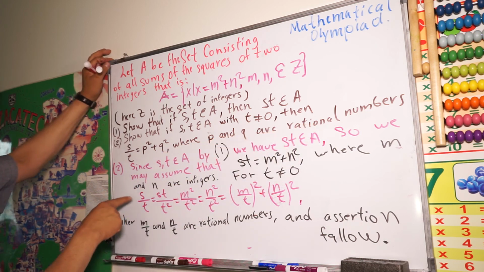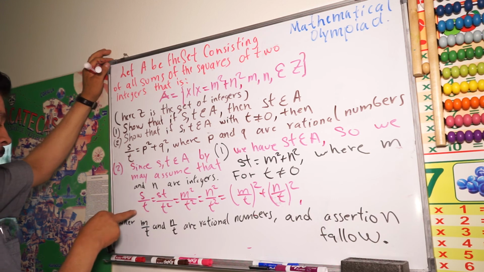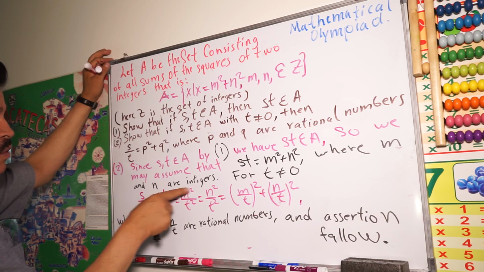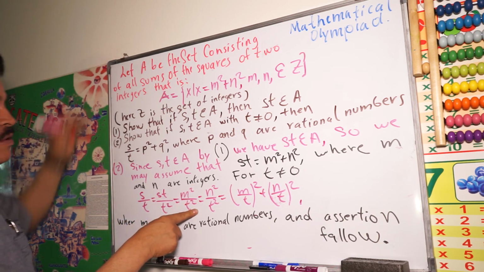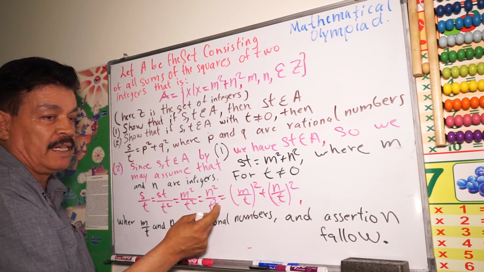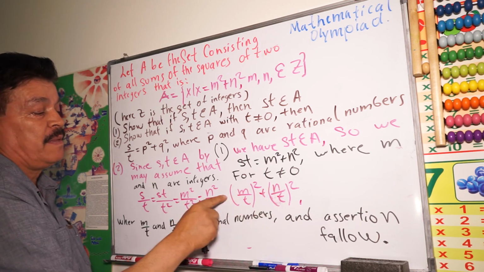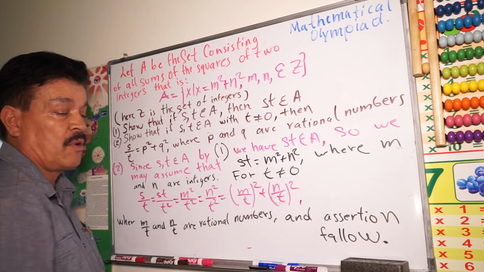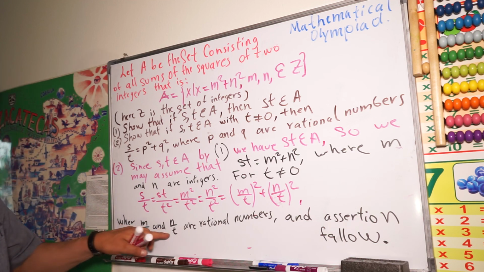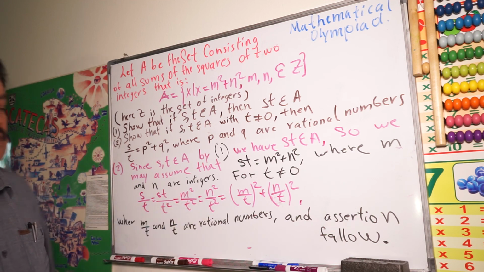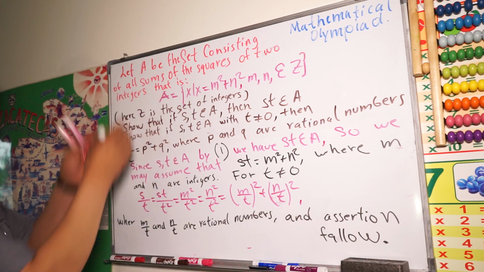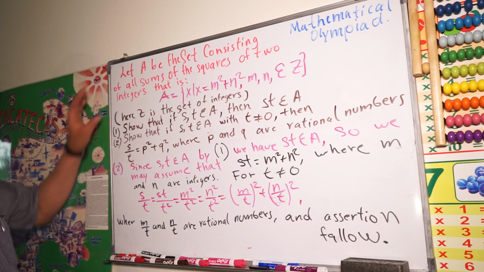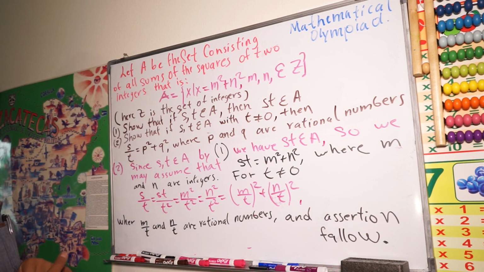S divided by t equals st divided by t squared, which equals m squared over t squared plus n squared over t squared, the same as m over t squared plus n over t squared, where m over t and n over t are rational numbers. That is the assertion, following from all the information. So far that's the good answer for this problem with sets.